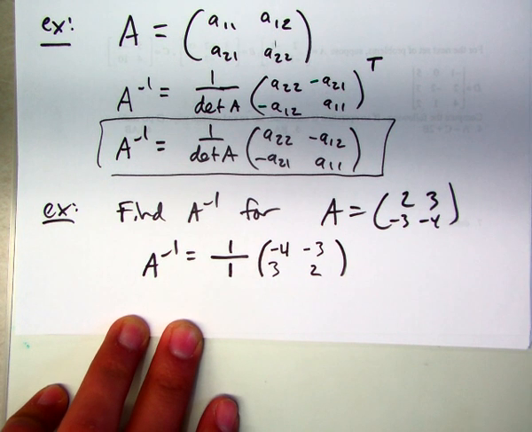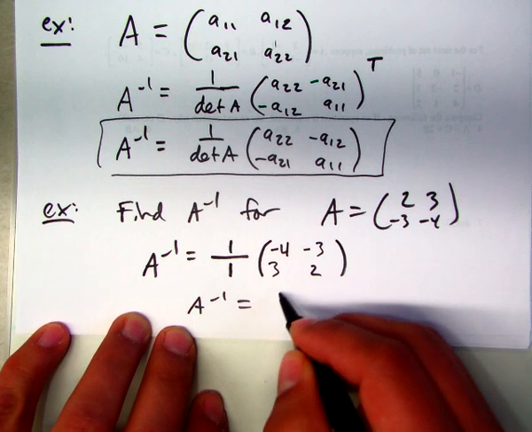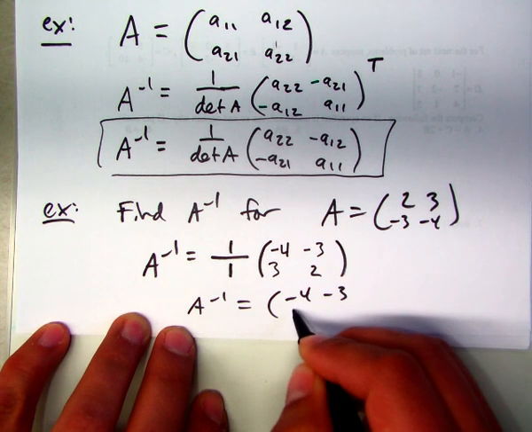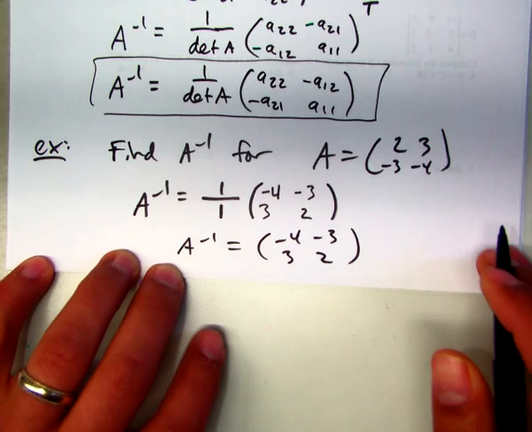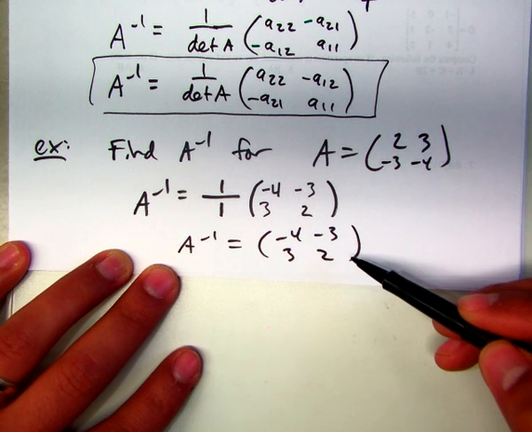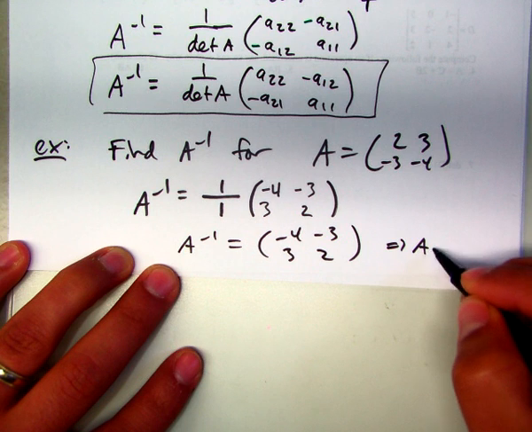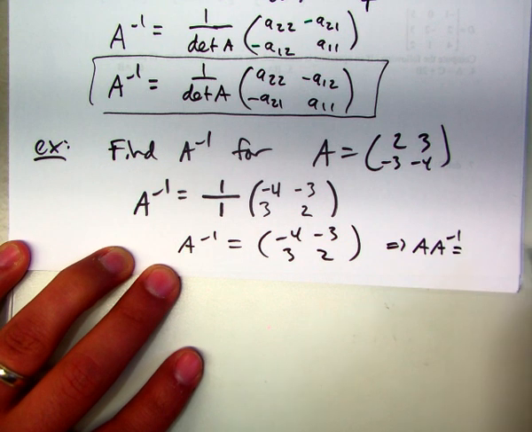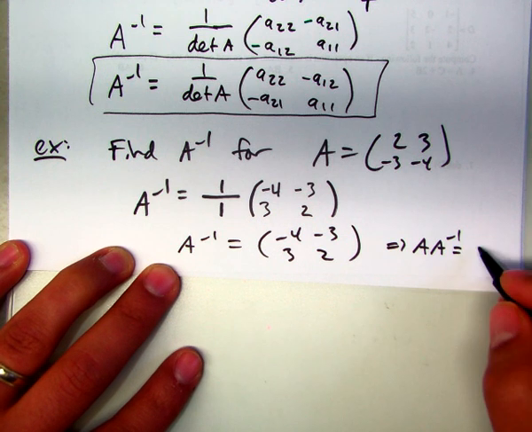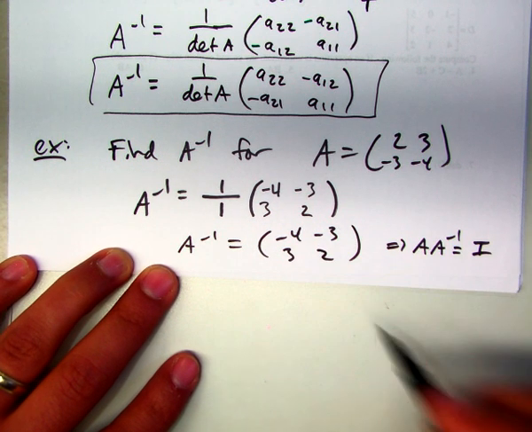So this is your inverse. Which means that if you were to take this matrix times this one, you would get what? What would A times A inverse look like? I. In this case, it'd be 1, 0, 0, 1, right? Okay.